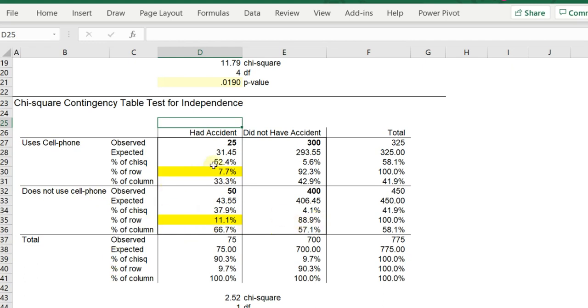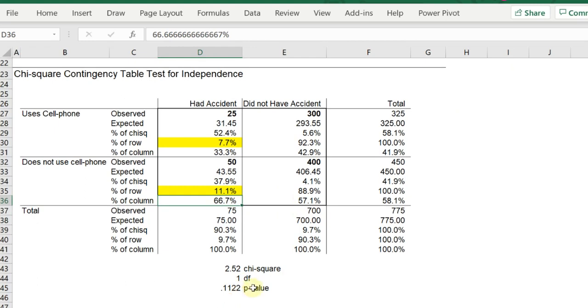Now for those who had accidents, the column total: 33% were cell phone users, right? Cell phone and had an accident, 33%. For those who had accidents, 67% didn't use cell phones. You see that? So that's how you interpret these percentages. But again, there's our p-value, and we end up not rejecting this null hypothesis.